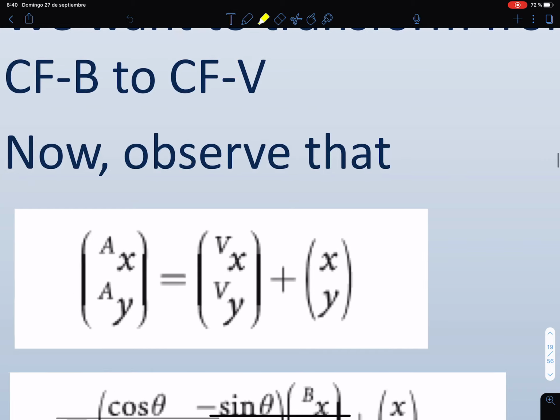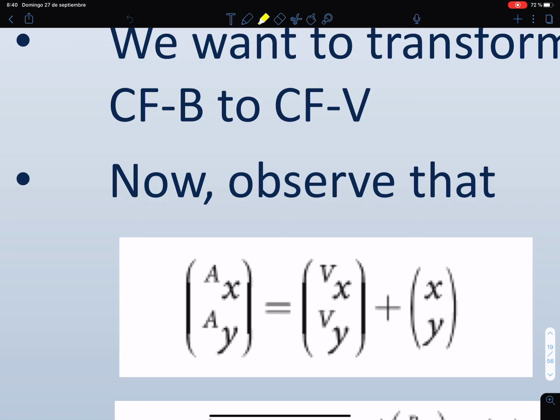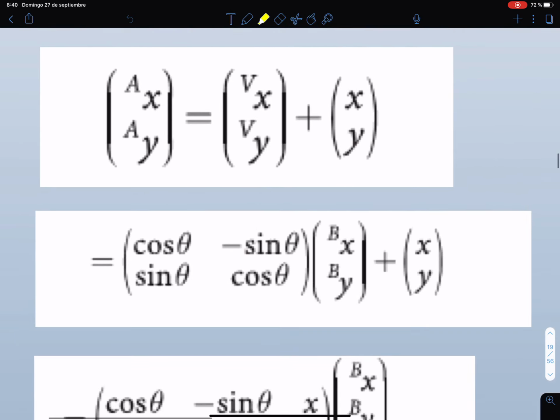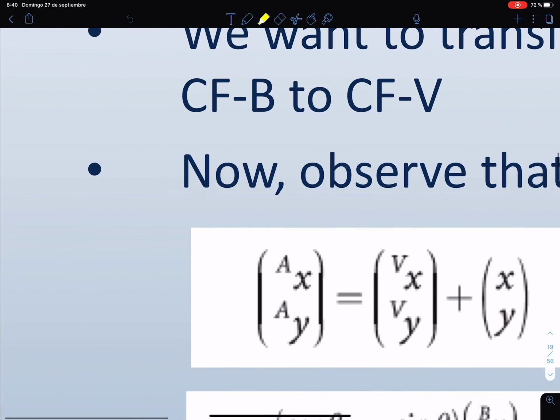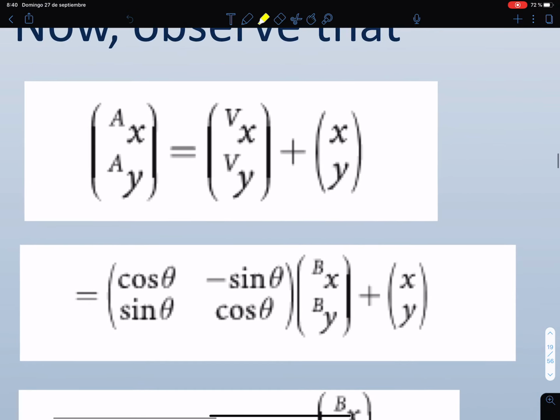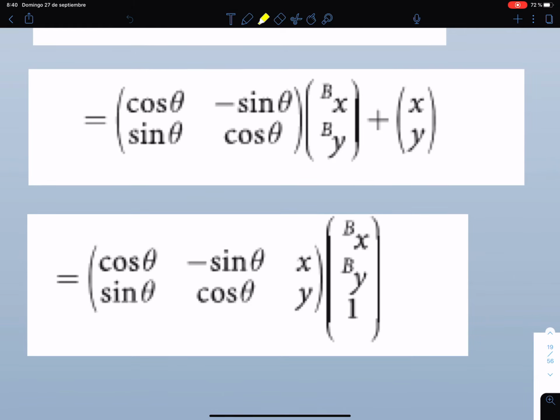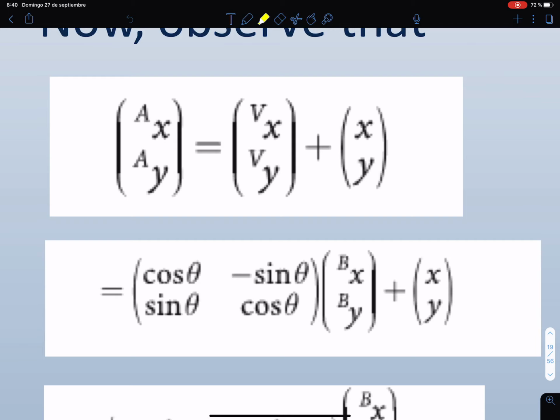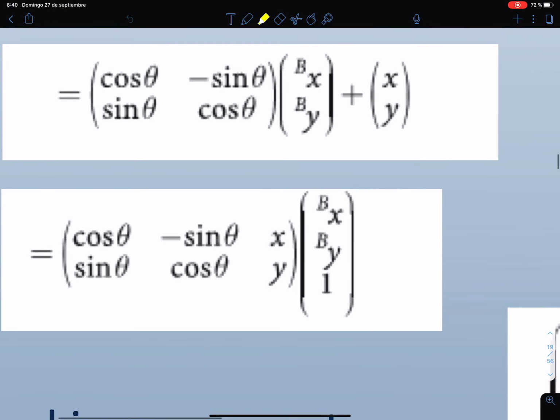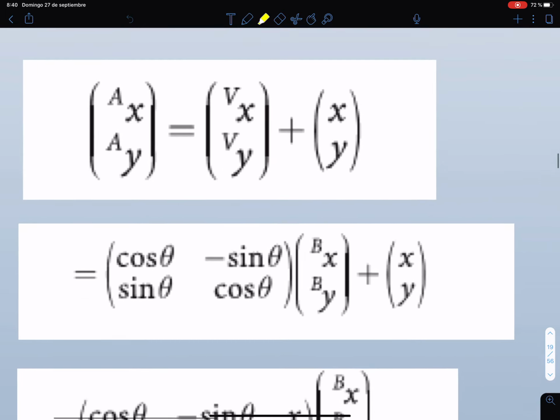So we have the V coordinates that we have just obtained by rotating the coordinates in the B frame, and then if we add to them x and y, then we will have the coordinates in the world reference frame. Okay, and this is developed using the result that we had previously. XV and YV are only intermediate coordinates, but the original coordinates are the B ones. So the whole expression is composed of the rotation matrix multiplied by the XB, YB coordinates plus x, y. And that is how we transform from B to A.